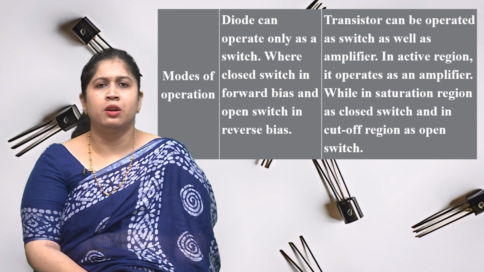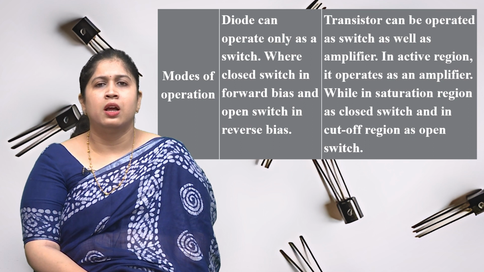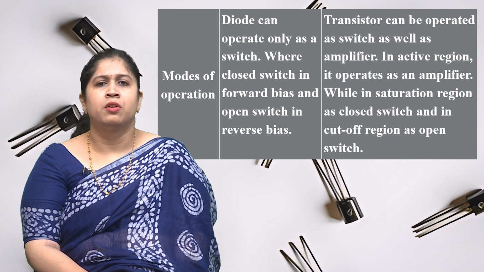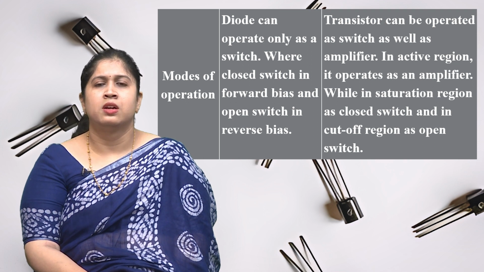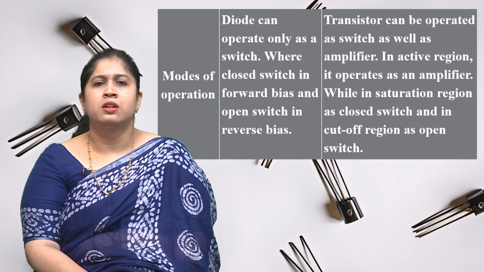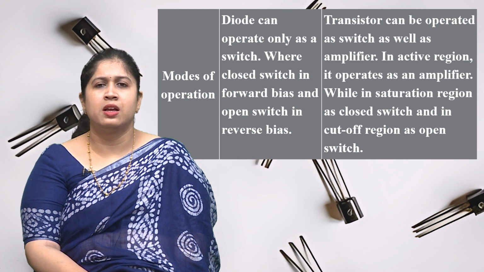A diode can operate only as a switch, where it is a closed switch in forward bias and an open switch in reverse bias. A transistor can be operated as a switch as well as an amplifier. In the active region, it operates as an amplifier, while in the saturation region it acts as a closed switch and in the cut-off region as an open switch.